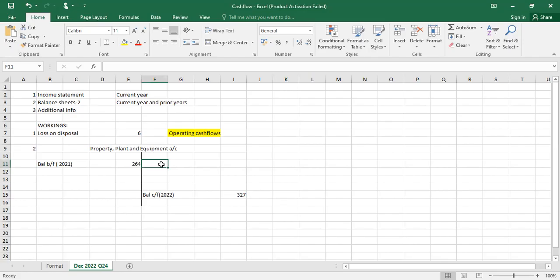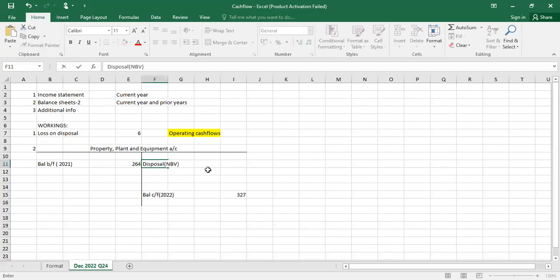And so on the credit, I will say that we have disposal. Remember, we shall record the disposal at the net book value, because the figures for PPE, we have been given them at net book value.